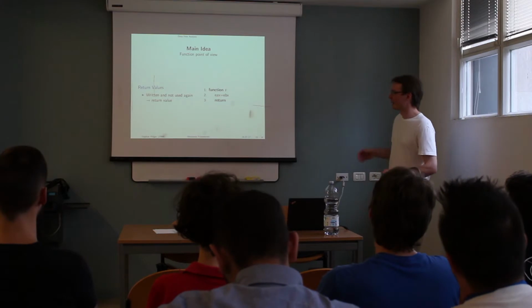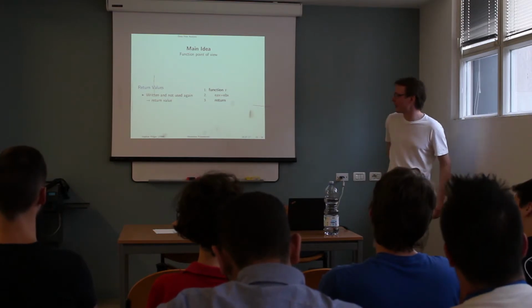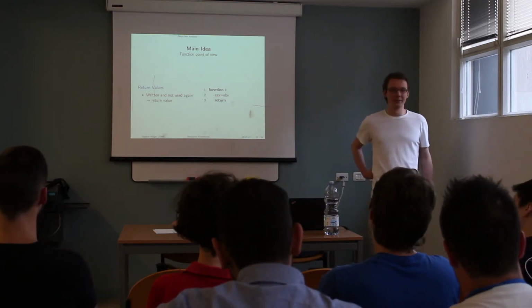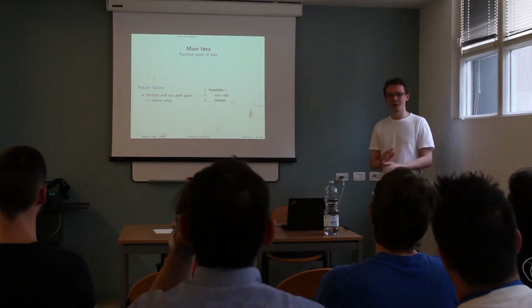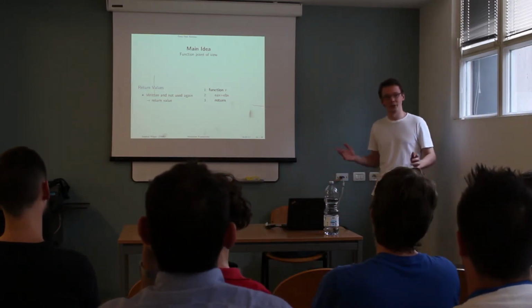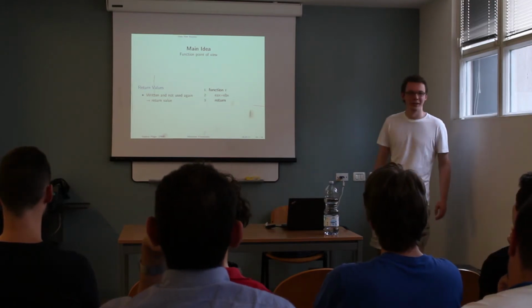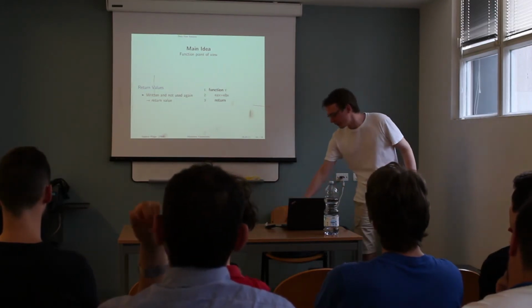Okay, and that's the case on the right side. We write ebx to eax. eax is not used until the end of the function, so we say, okay, eax is a return value.